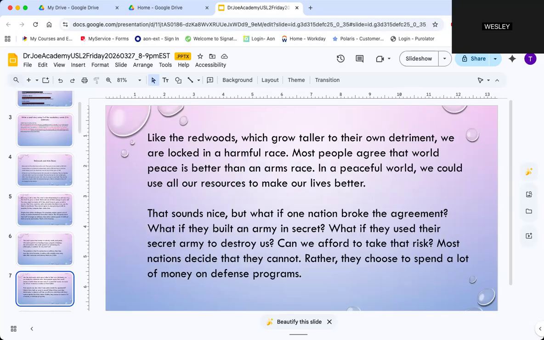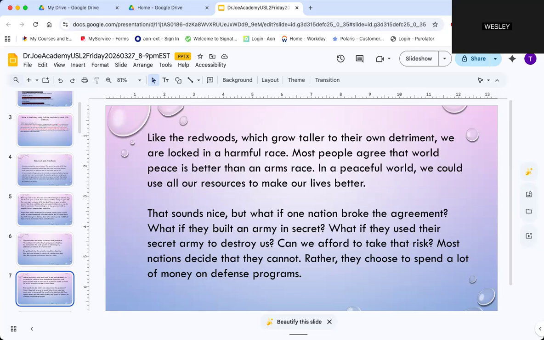Like the redwoods, which grow taller to their own detriment, we are locked in a harmful race. Most people agree that world peace is better than an arms race. In a peaceful world, we could use all our resources to make our lives better. That sounds nice.